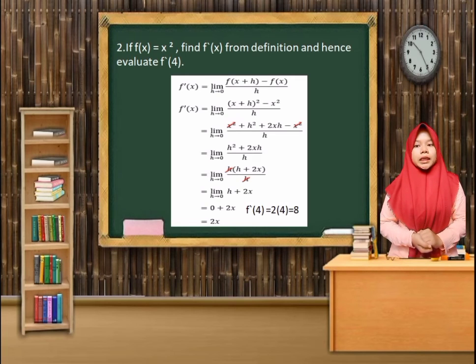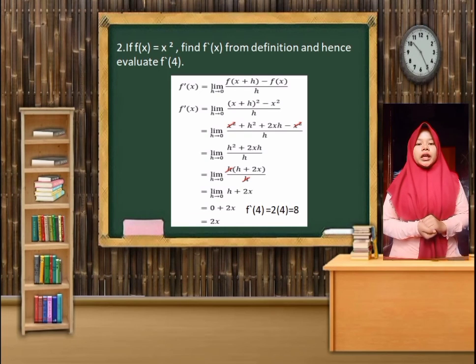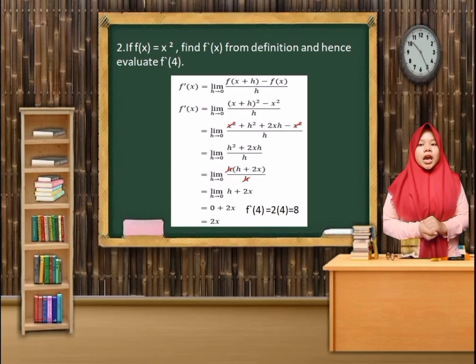Equals the limit of h plus 2x as h approaches 0. Then enter the value of h equals 0: 0 plus 2x equals 2x.